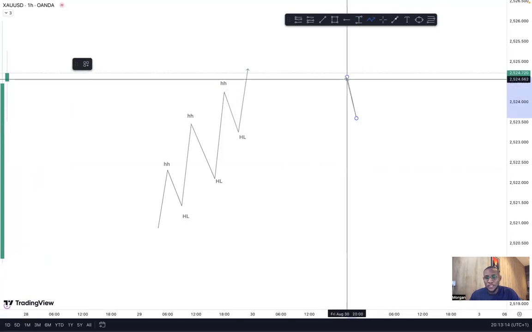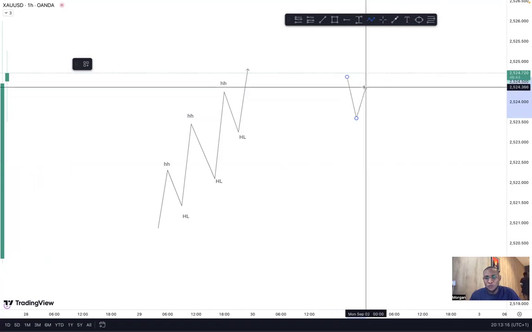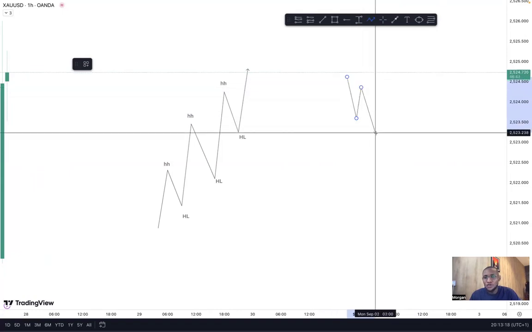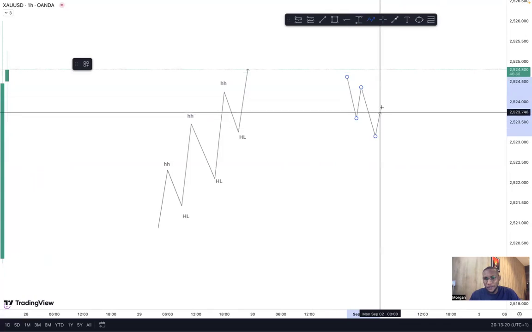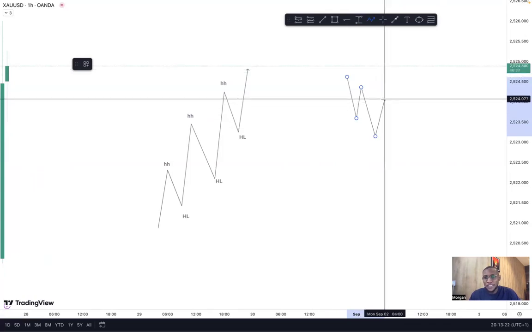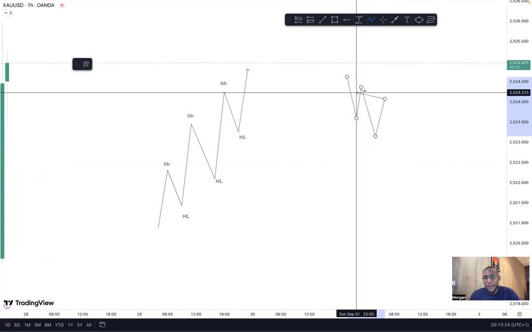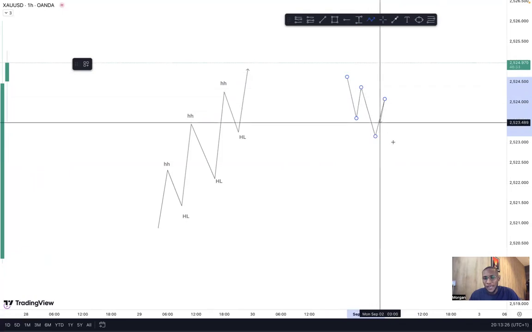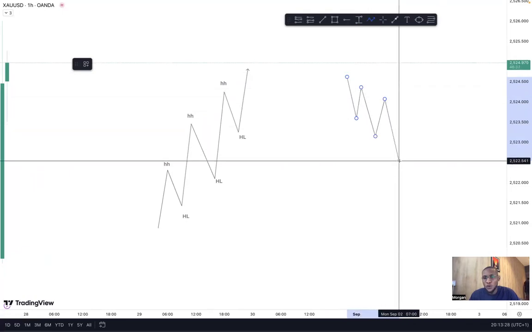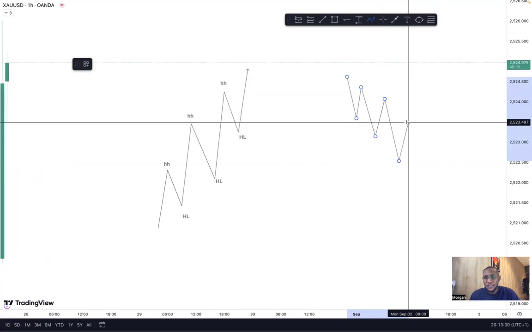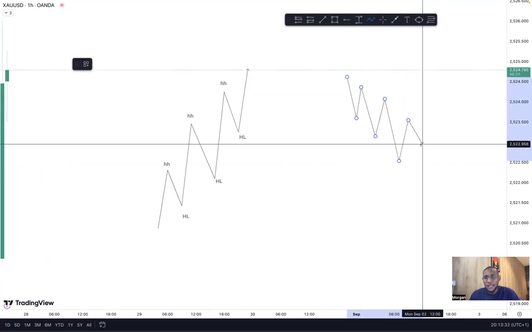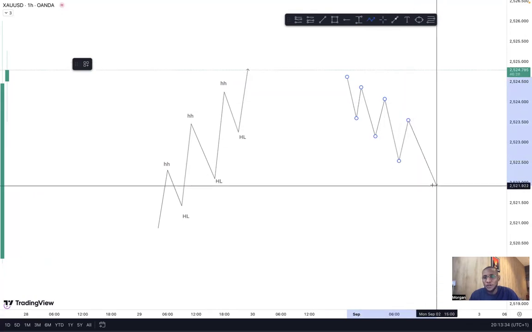Instead of breaking these high levels, it will be respecting the high levels and creating new low levels, right? So you see price respects this previous high level here, and then comes and creates a new low level, and then respects this previous high level again, and then comes down and creates a new low level, right?